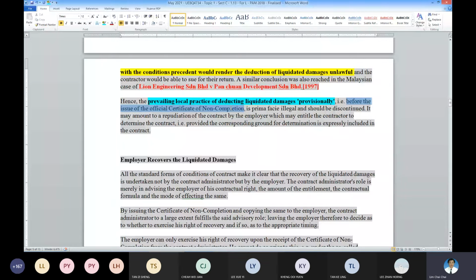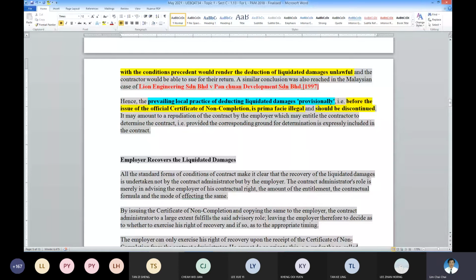So please remember, this is happening in the industry. No CNC issued, take the money out. Ask the employer to take the money out. It is illegal and should be discontinued. I hope you advise the client properly.